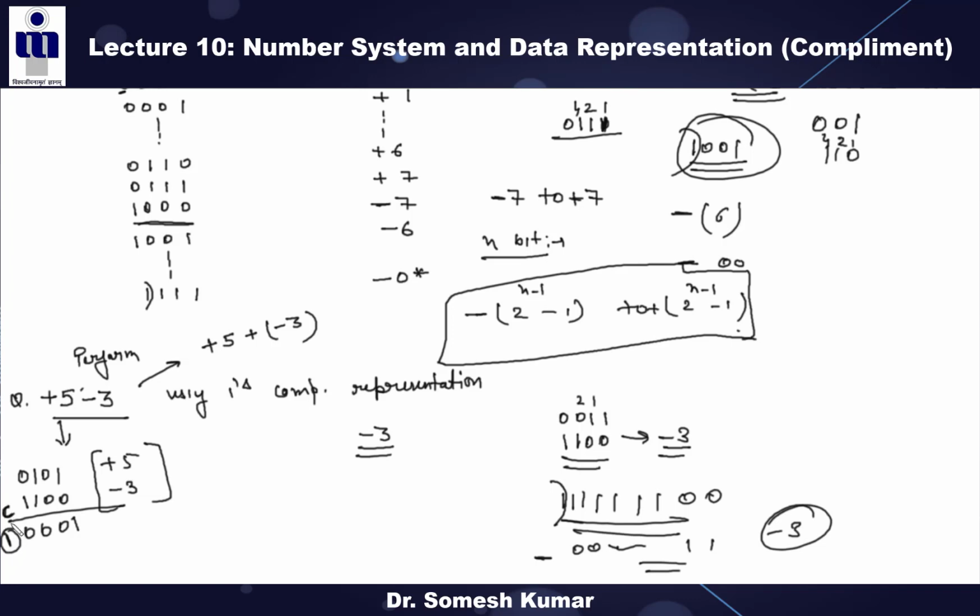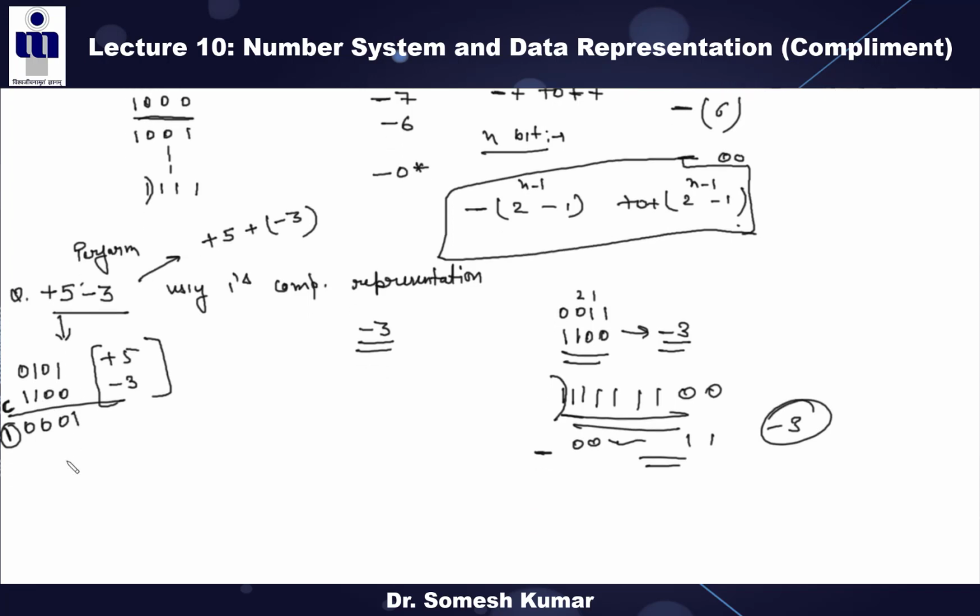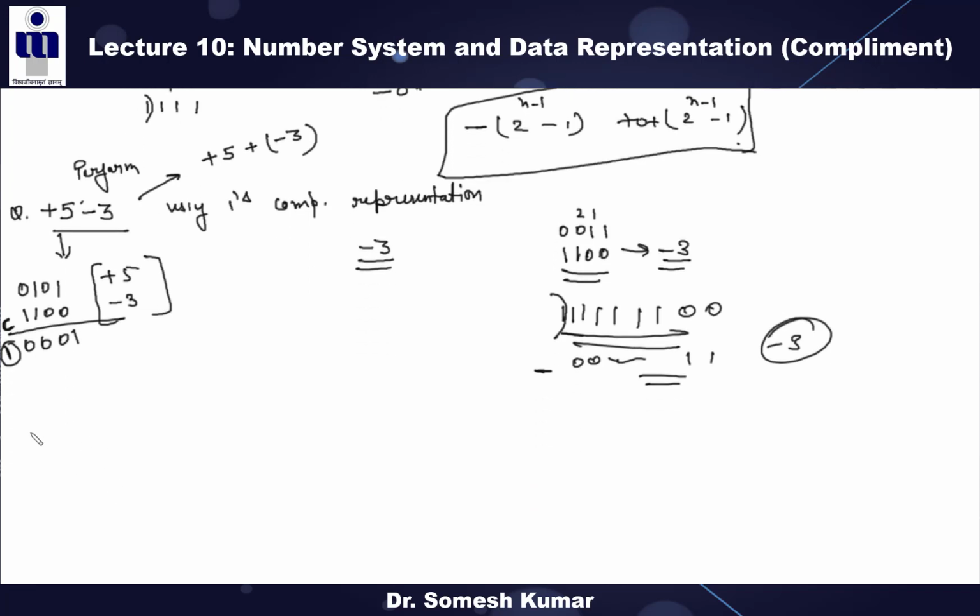So in the 1s complement form, there are two statements here. In 1s complement form, if carry is generated in the answer, then add that carry in the answer, right?